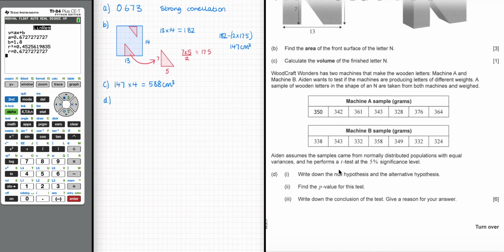So for the first part there, we need to write down the null and the alternate hypothesis.